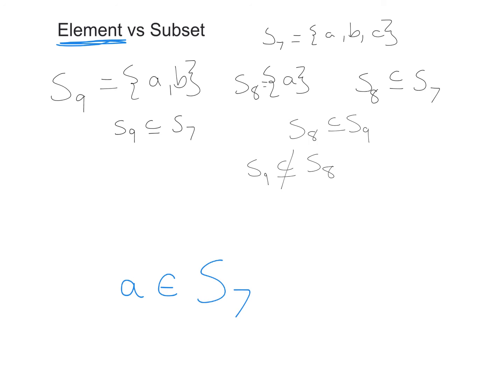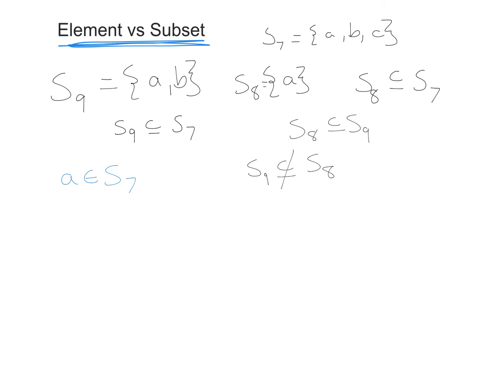Notice that the thing on the left, A, is not a set, but S7 has these set brackets, so S7 is a set. When you have element, the thing on the right has to be a set. The thing on the left can be a set, but doesn't have to be. So if I want to say, is A an element of S7, I try to find this thing in S7. I look in S7, and I see an A floating around in the bag. So I say, yes, indeed, A is an element of S7.